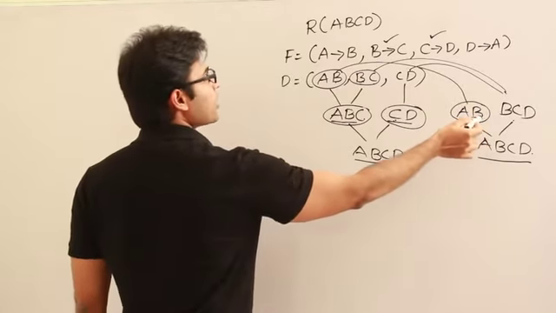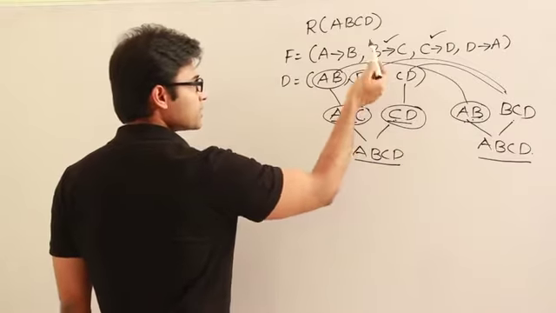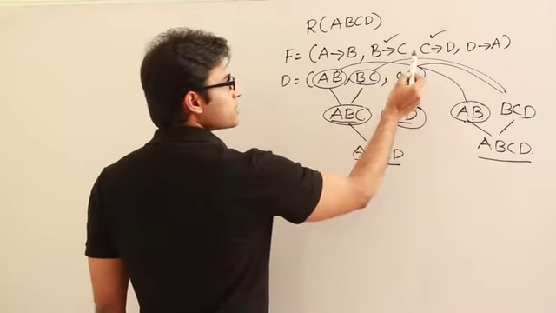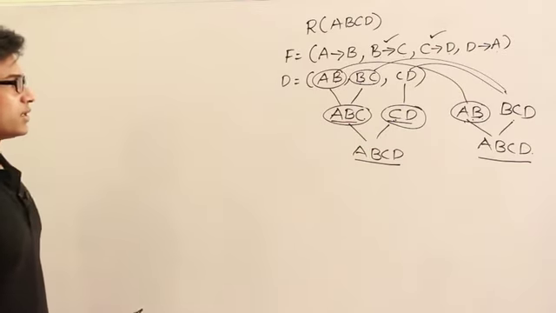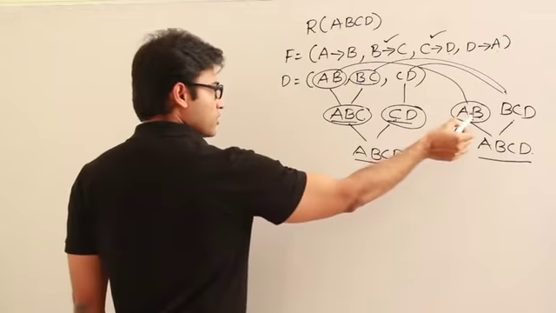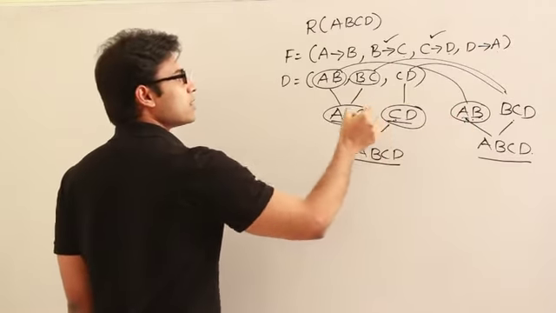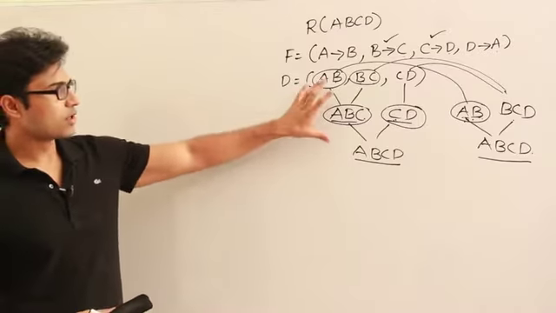Yes, the common attribute is B, and B is a key for this, because B plus is containing A. You can check it. If you find B plus, it is going to contain C, D, A, and so B, isn't it? So it is going to contain A also. So the common attribute is the primary key for this. You need not check that. If you got one sequence, it is enough, right? So anyway, here it is going to be lossless.